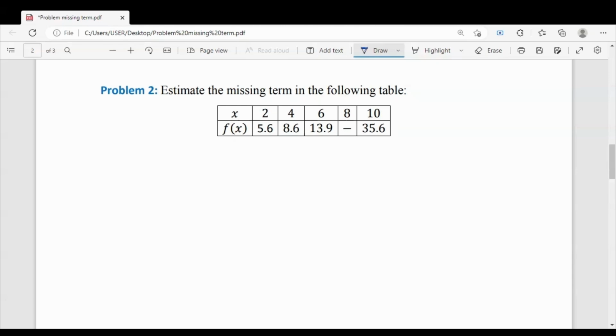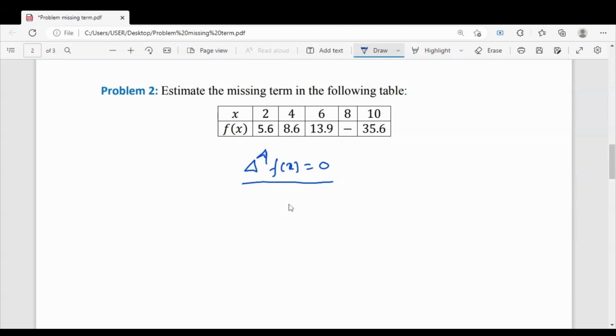So we can assume f of x to be a polynomial of degree 3 such that delta to the power 4 f of x equals 0. Now, from the fundamental theorem of difference calculus we already discussed in the previous problem, using this concept we can write delta to the power 4 f of x equal to 0.